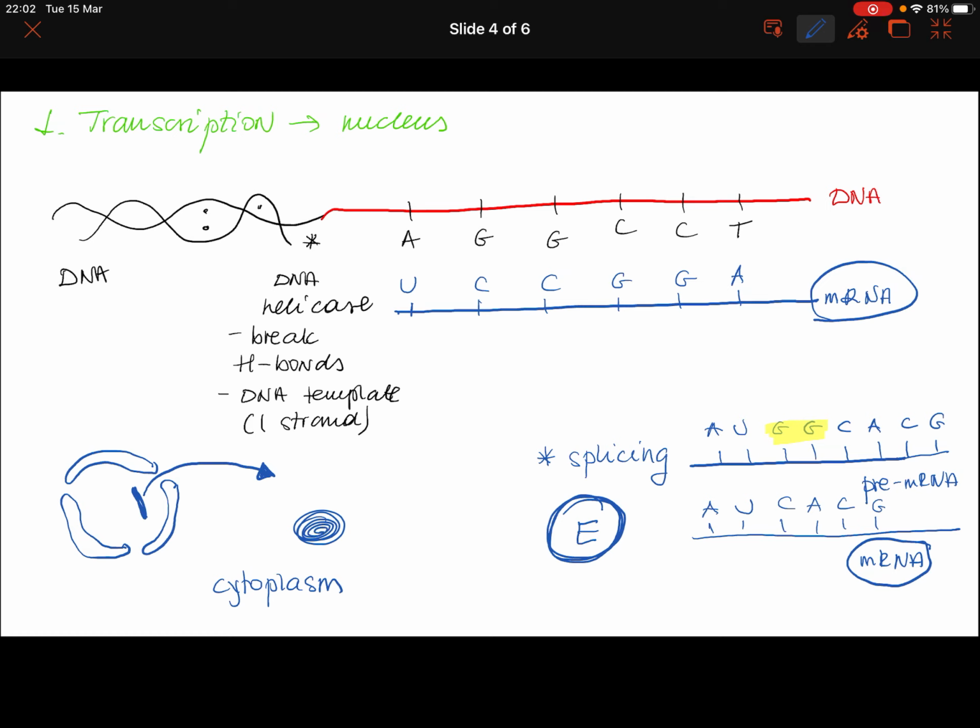In the cytoplasm, we've got the organelle called ribosome, which will allow the second process of the protein synthesis, translation, to take place. So now we're going to have a look how translation is taking place on the ribosomes.